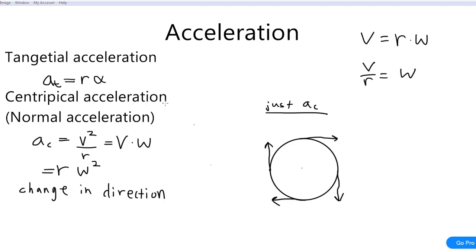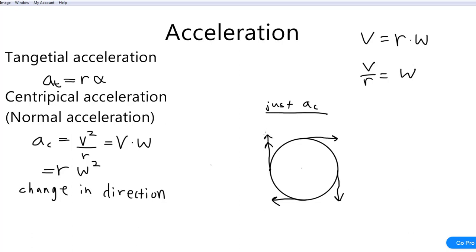Now we're going to be talking about tangential acceleration. Since centripetal acceleration is the change in direction of these vectors, what do you think tangential acceleration is? Well, it's going to be the change in magnitude, just because vectors are made up of direction and magnitude. So what's going to happen to these vectors is that they're going to increase.